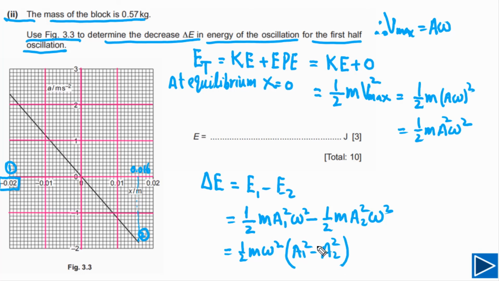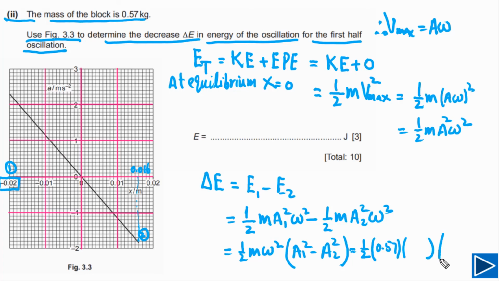Now simply we need to plug in values of A1 and A2 and omega and mass. Mass is given to us, A1 is given, A2 is given. So simply we can write down this is equal to 1/2. So we can plug in value of the mass. Mass of the block is 0.57, but we don't have value of omega squared, so we will leave this one apart.